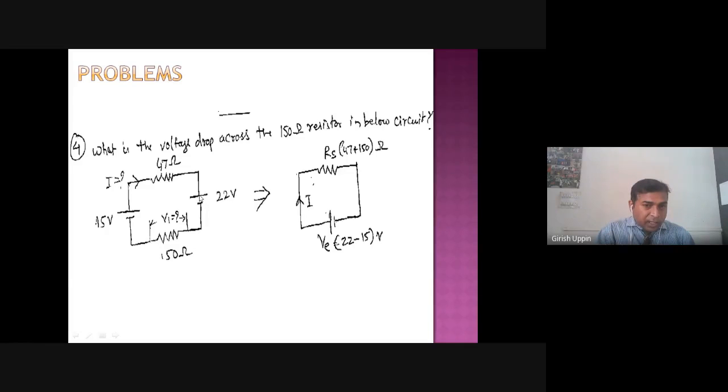If this was a negative terminal and this was the positive terminal, this is trying to send the current in this direction and this is also trying to send the current in the same direction. Then it will become 22 plus 15. I hope everybody understood. The reason we are deducting 22 minus 15 is that this is trying to send the current in the opposite direction to this voltage source. So effectively, how much is the voltage source that we have for this circuit? 22 minus 15. That comes as 7 volt. Everybody understood that?